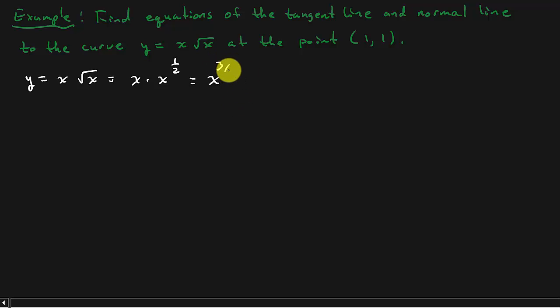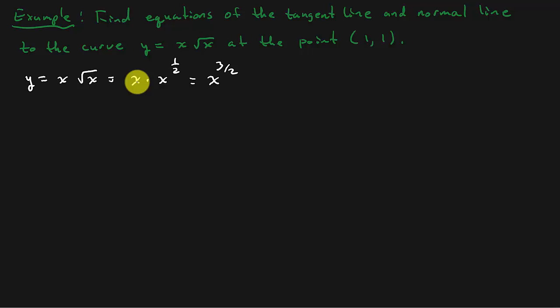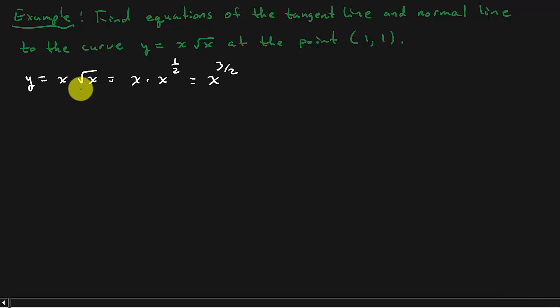I just changed the square root to a 1/2 power, and then remember, when you're multiplying like bases, you add the exponents. 1 plus 1/2 is 3/2. So that's our function, y equals x to the 3/2.